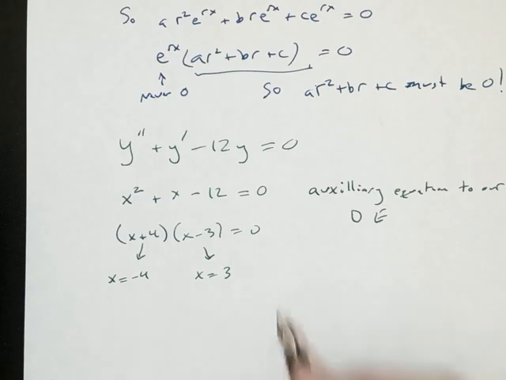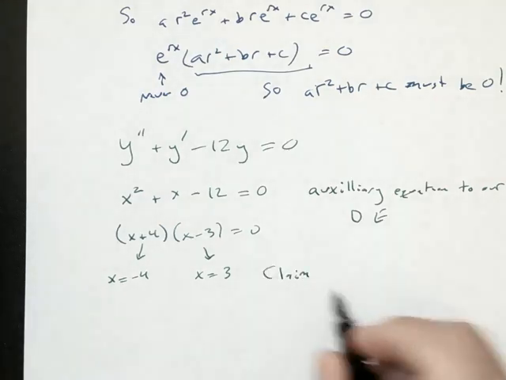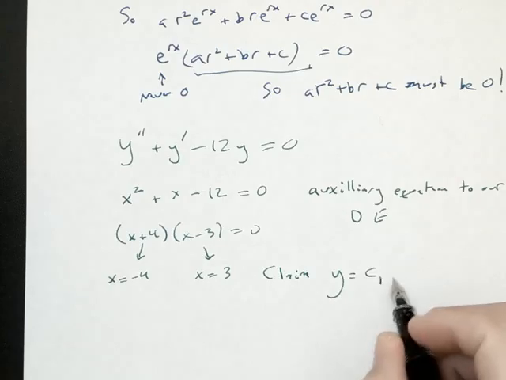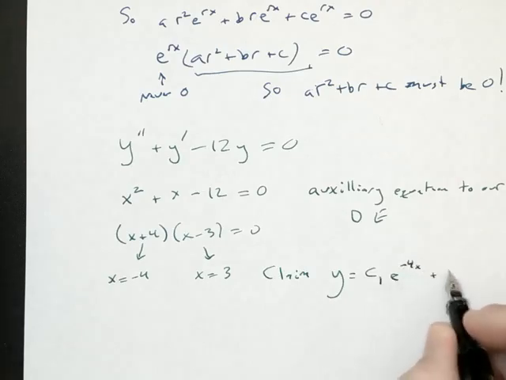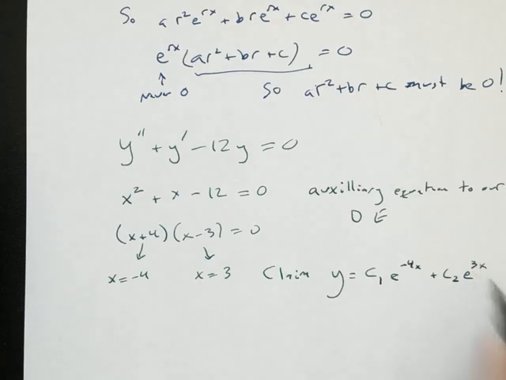I claim that if I use those as our R's and I write a combination of e to the minus 4x and e to the 3x, that's the right answer. Now, the obvious answer to that is bullshit. Sure it is. Let's check.